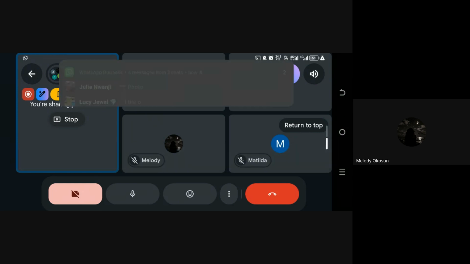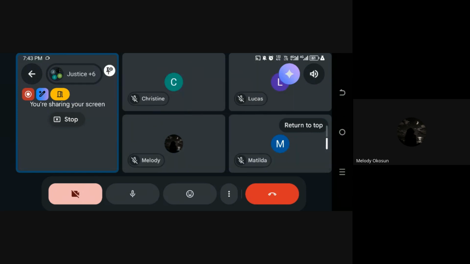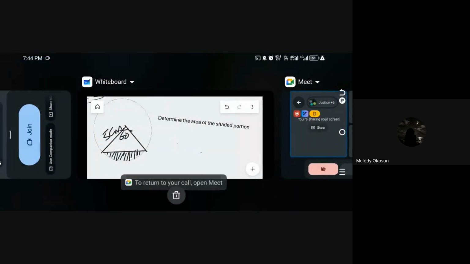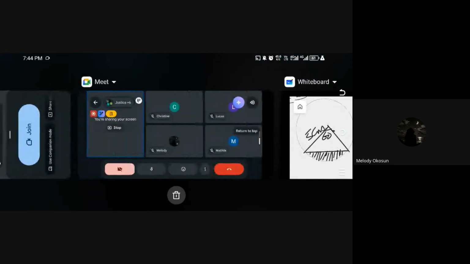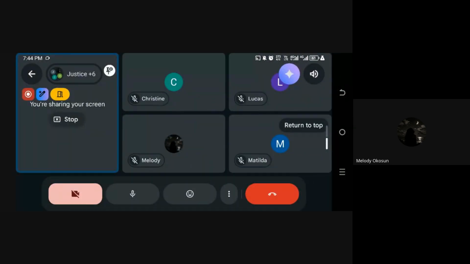Oh, Golden left. Melody, can you see the screen now? Not responsive. Lucas, can you see the screen?